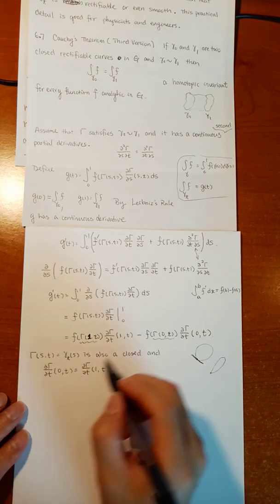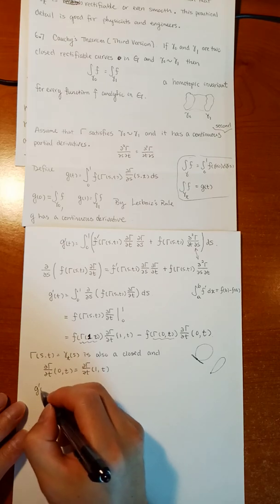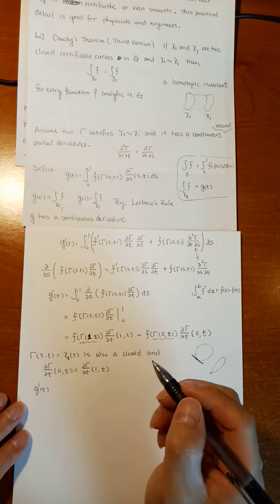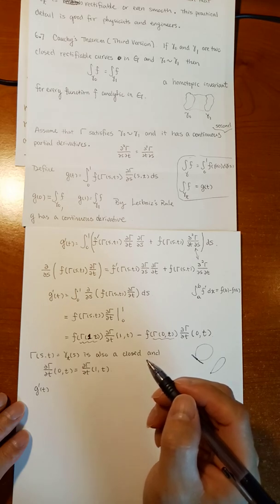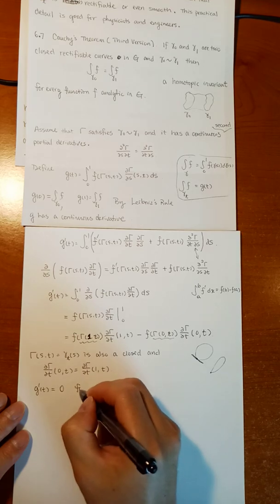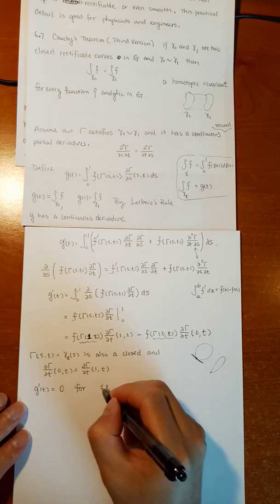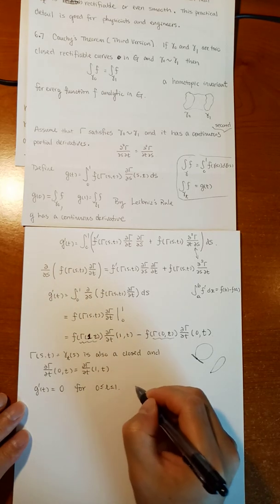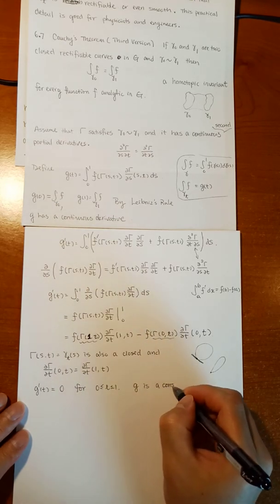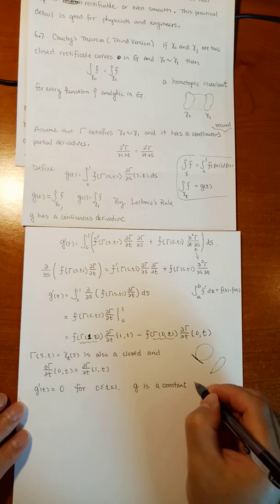Okay, so we get g prime of t is equal to 0 for all t between 0 and 1. So g is a constant function.